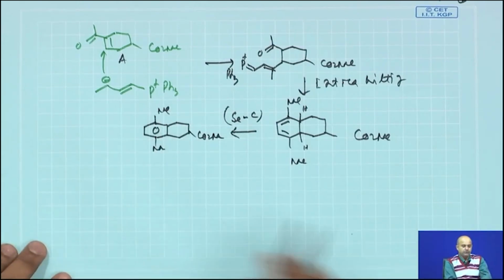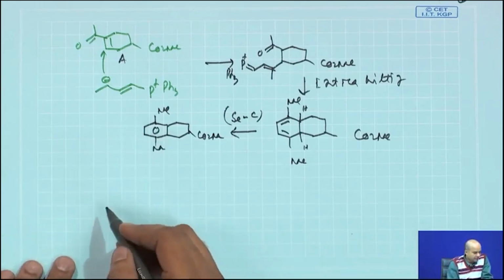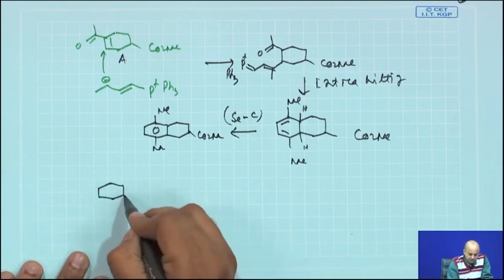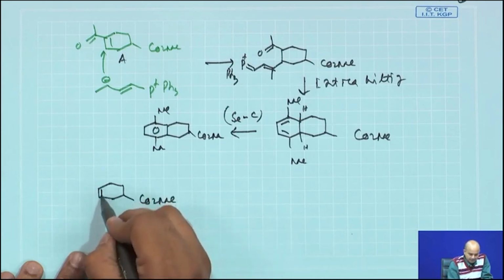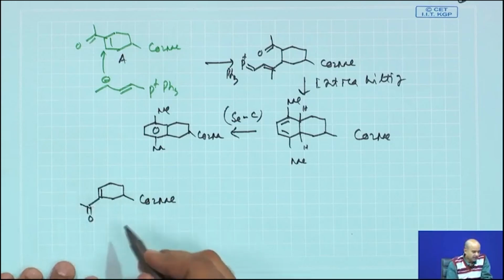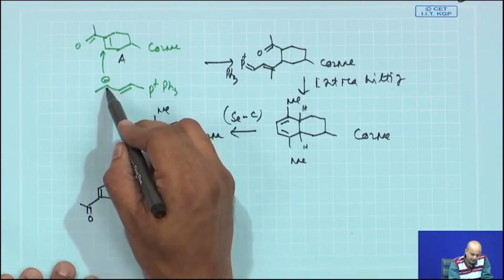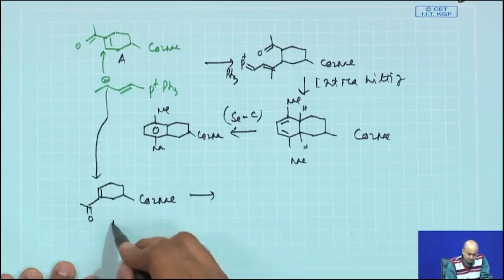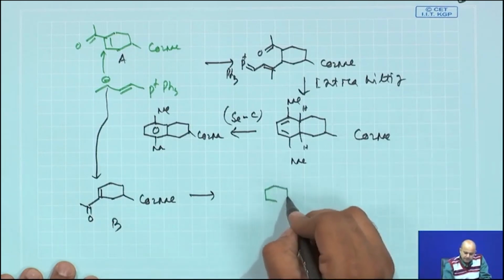Now, take the other intermediate, or other starting material, whose structure is B. The structure of B is just the regioisomer of compound A. So, this is now B. This same intermediate attacks in the Michael fashion.